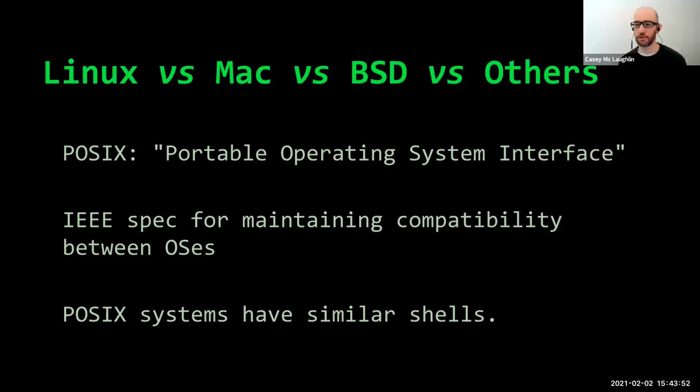So remember that concept of a shell and a prompt that I showed you earlier. If you get on a Mac and open the terminal app, it's going to be pretty much the same as Linux because it complies with the POSIX standards. And you can look up the POSIX standard on Wikipedia and learn all about it.